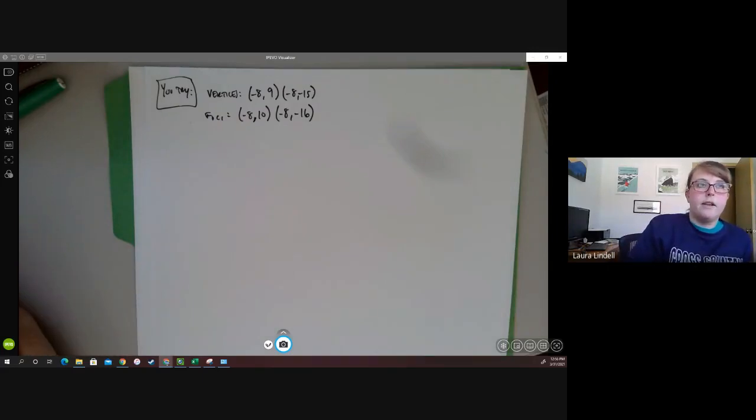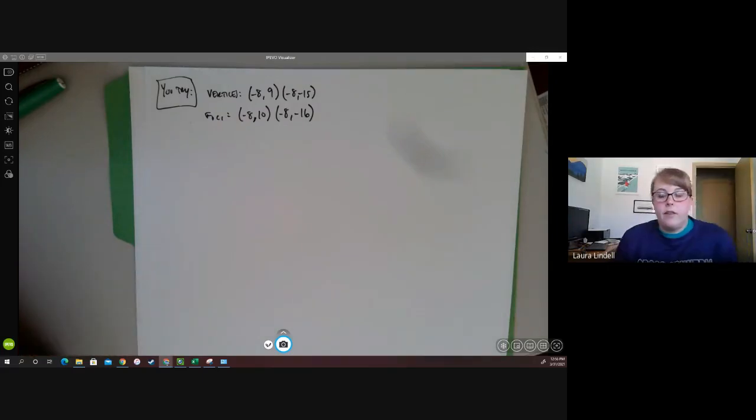For that one, go ahead, graph the coordinates and figure out the equation of your hyperbola. When you think you've got it, put "got it" in the chat, and I might give us little hints along the way just in case anyone gets stuck.